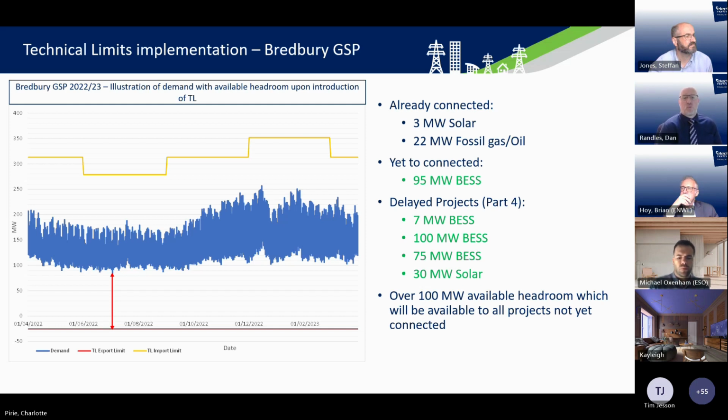So the whole concept here is, because the 95 megawatt battery hasn't yet connected, there is essentially capacity available today. And what we'll be doing with technical limits is reaching out to customers that are currently in Part 4 and having a discussion with them about their appetite to take advantage of technical limits and bring forward their connection, albeit on a non-firm basis.